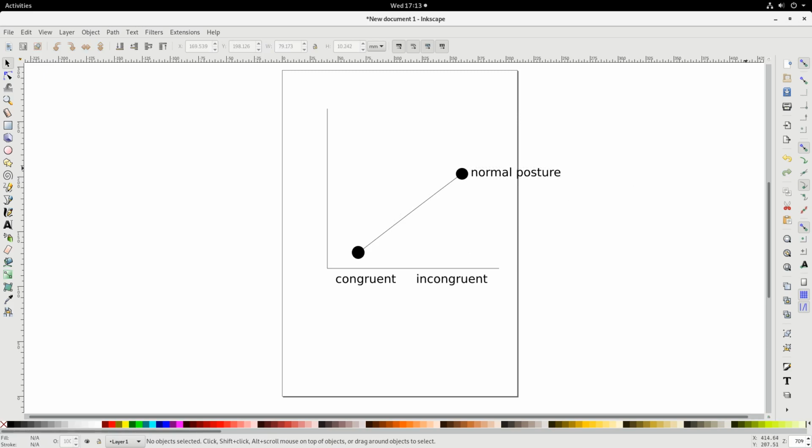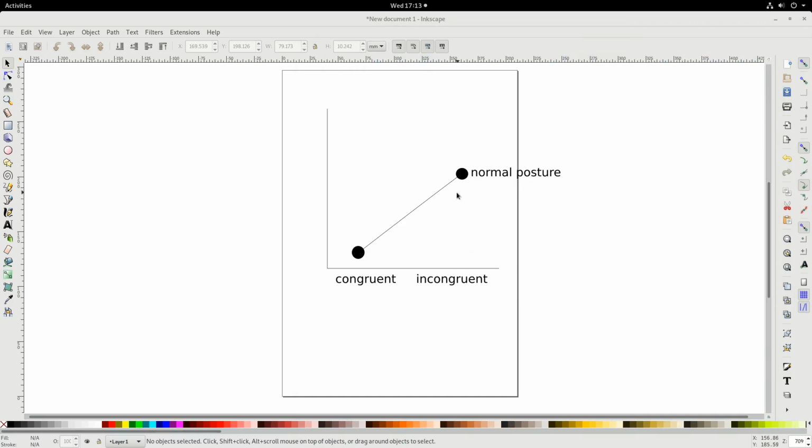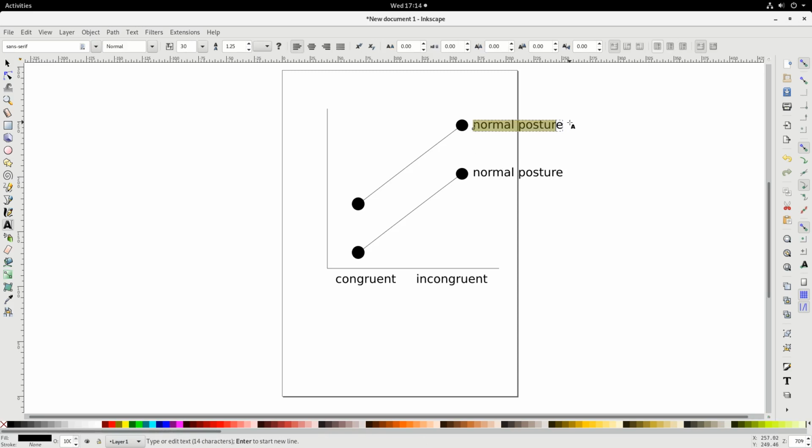Now, if you go back to SPSS, the blue line, that is the normal posture line. It is actually a line like that. I just drew it here myself to give you some illustration. What we saw in my data was something like this, more or less the same, but for swapped hands.